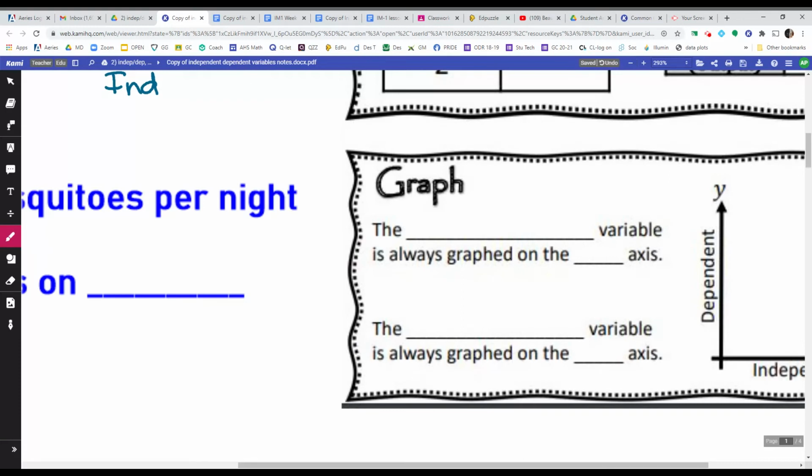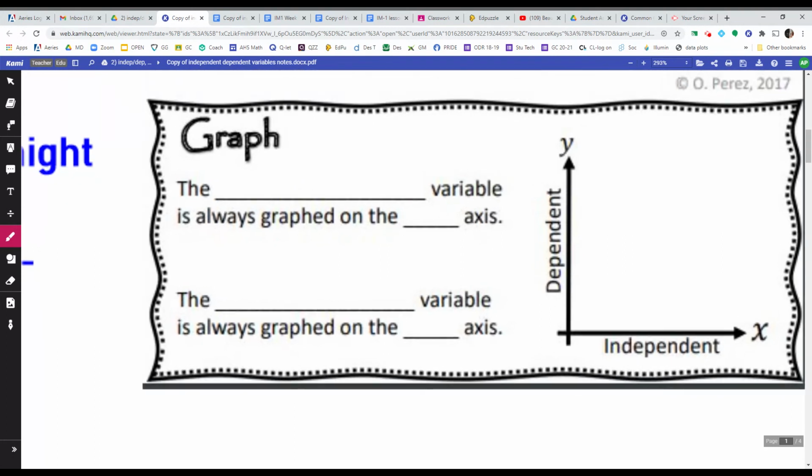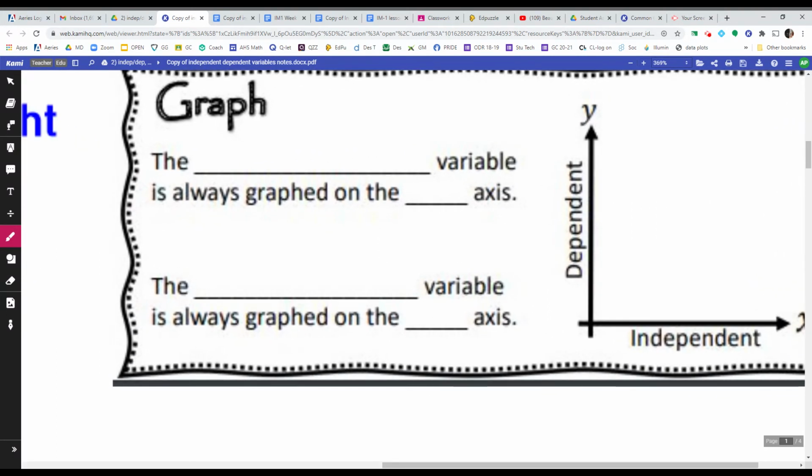So when you're graphing independent and dependent quantities, the blank variable is always graphed on the blank axis. Well, I've got the answers right here. The independent is always going to be your x-axis. That's down here.